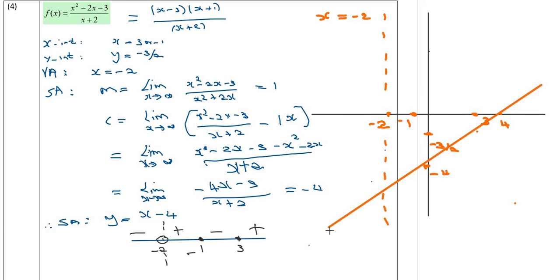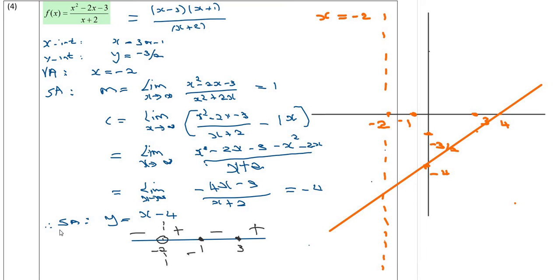Looks like it's going to work. And remember, when you draw your vertical asymptote, bring it down properly, so that you can see what is possible, what can happen, and so on.